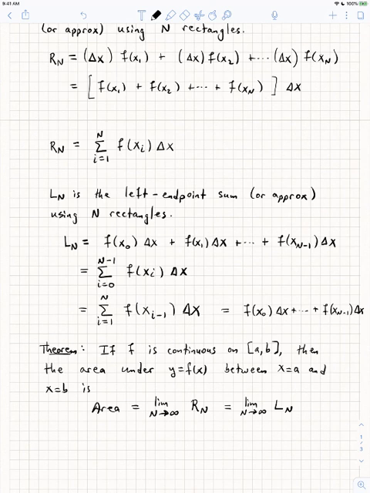We won't be proving this theorem, but the basic idea is that as n gets larger, you're fitting more and more rectangles underneath the curve, and they begin to approximate the shape of the curve better and better.